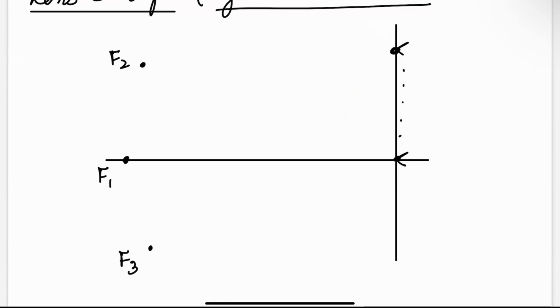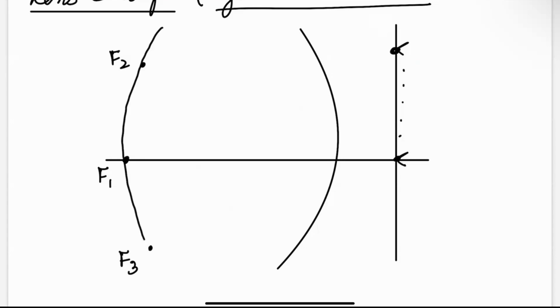Okay, and then I have some kind of contour, something like that, which defines my lens. So I have one on that side and then one on this side.